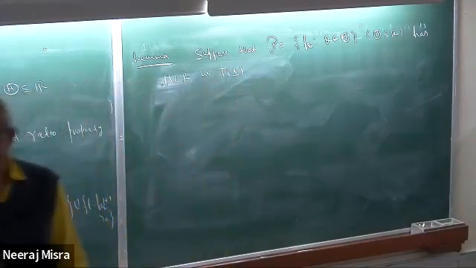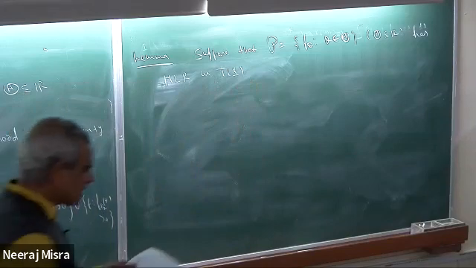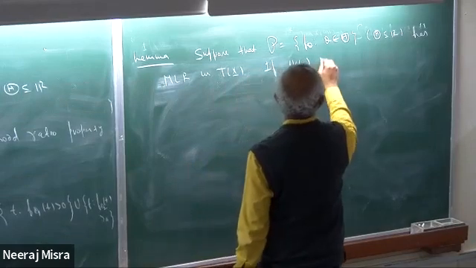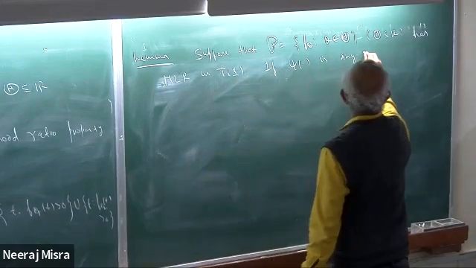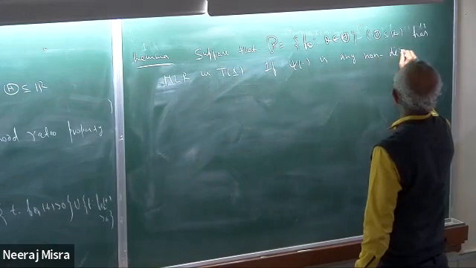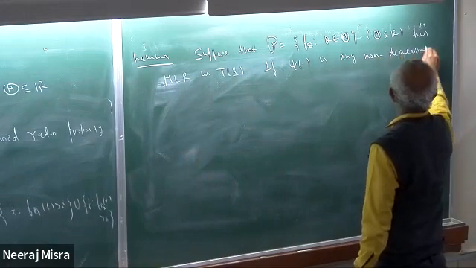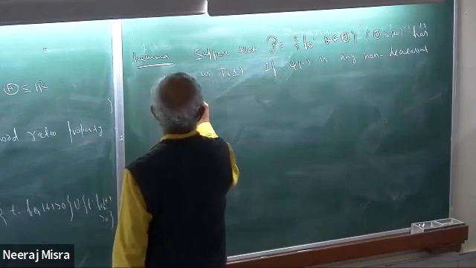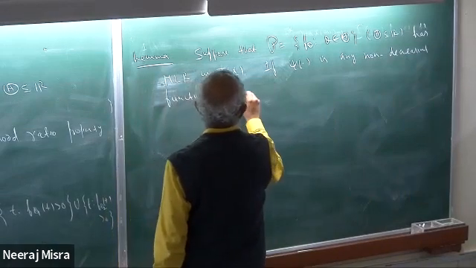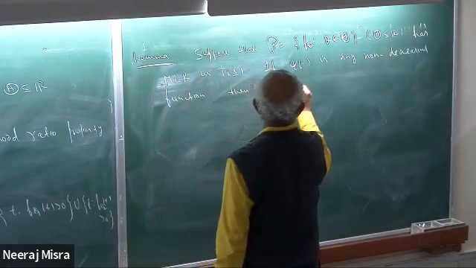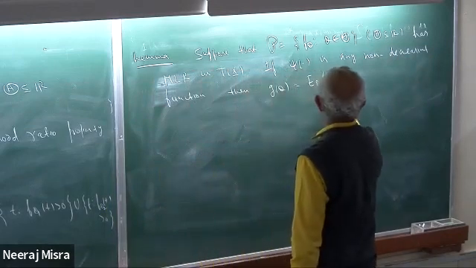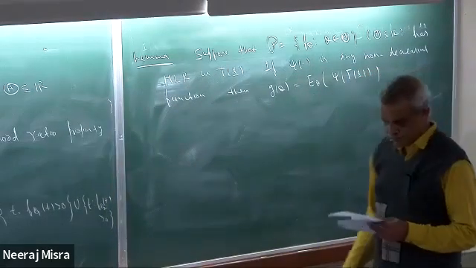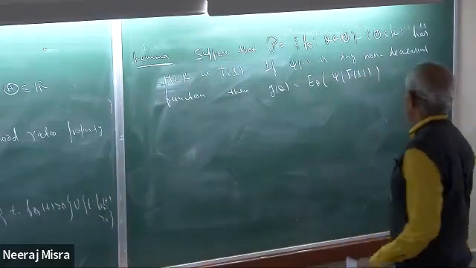Various statistics in which it has an MLR. If psi is any non-decreasing function, then G of theta, which I define as E theta of psi of T(x), is a non-decreasing function of theta.